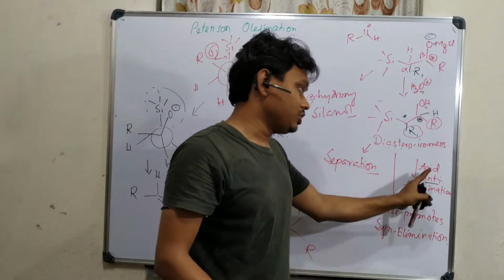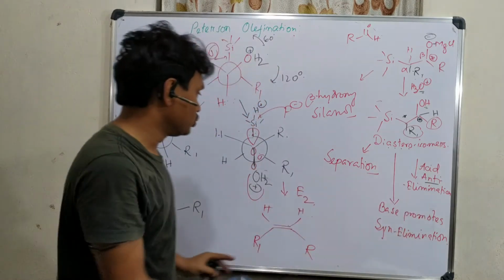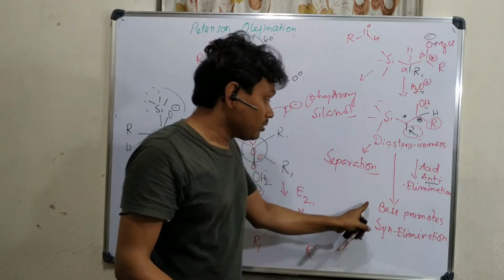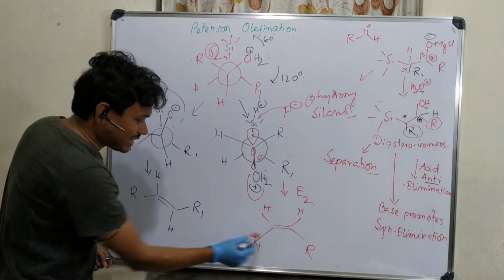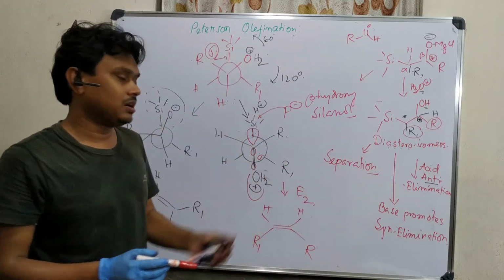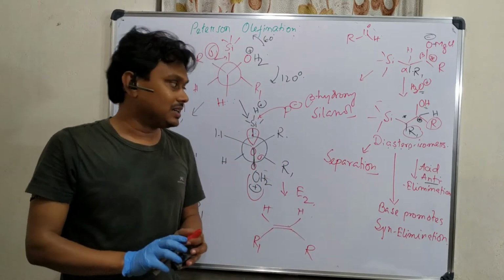Second point, acid always favors anti-elimination. Keep it in mind: acid means anti, base means syn. But why do we get different alkenes? Because of the different diastereomers. So this is the final discussion.